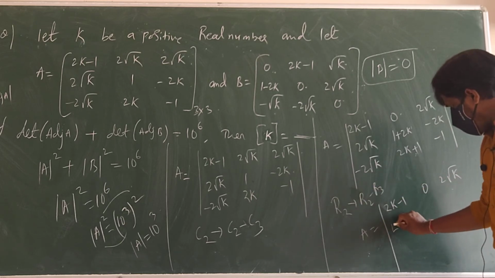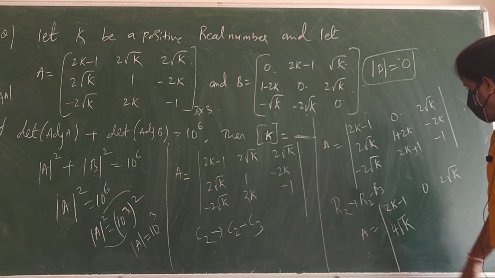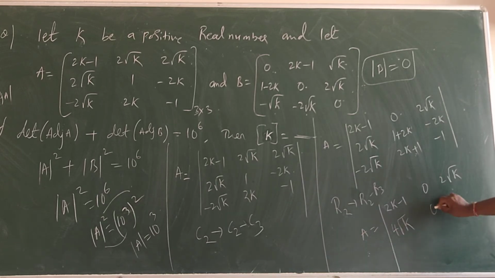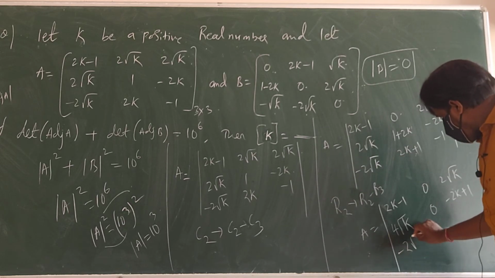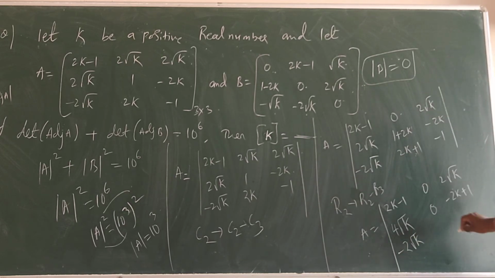So 4 root k, 0, R2, minus 2k plus 1, this is same as it is. However I got 2 zeros, using this I can open the determinant.